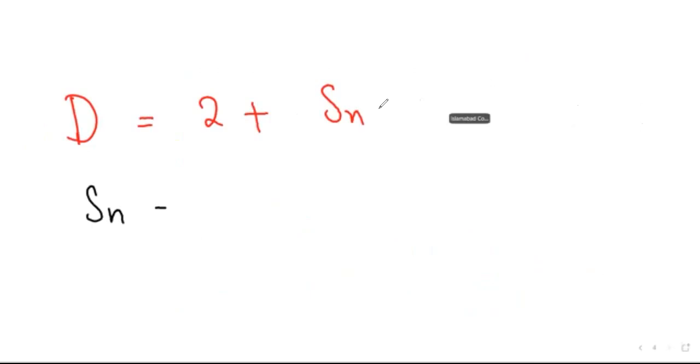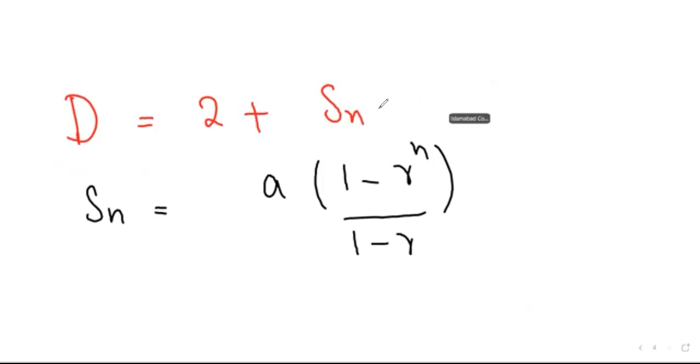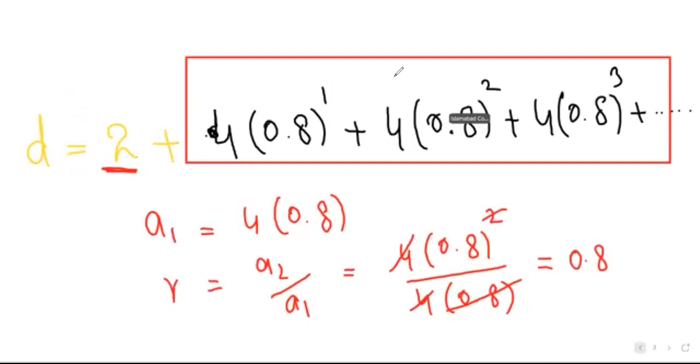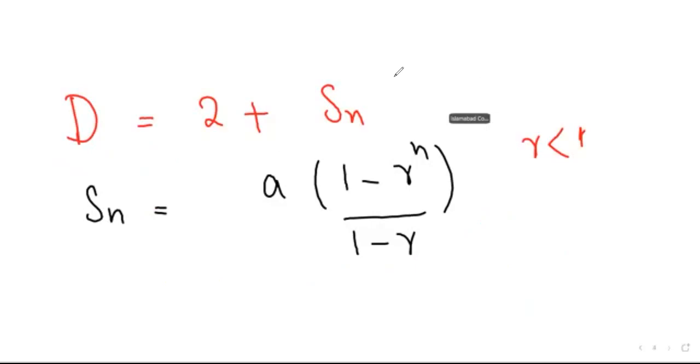So Sn is A times 1 minus R to the n over 1 minus R. I'm using this formula because R is less than 1. You can see R is 0.8, which is less than 1, so I'm using the less than 1 formula.